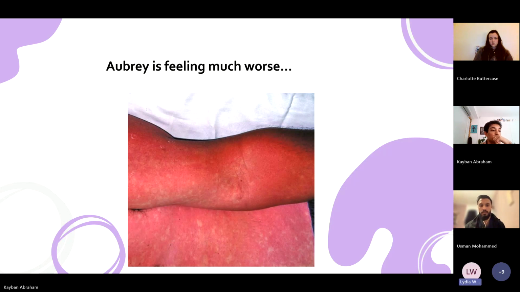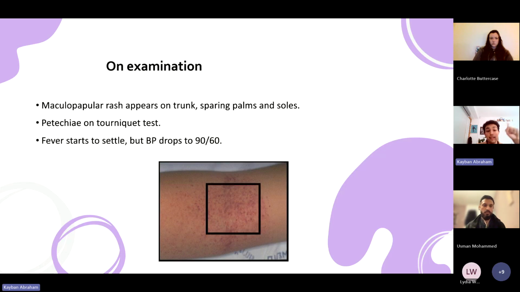So we have erythematous. Probably the biggest keyword, right? It is a very red rash, and it covers a lot of the body. And we can see that there are occasional white patches as well. So this is what we describe as a maculopapular rash.